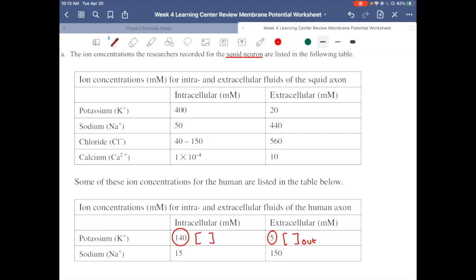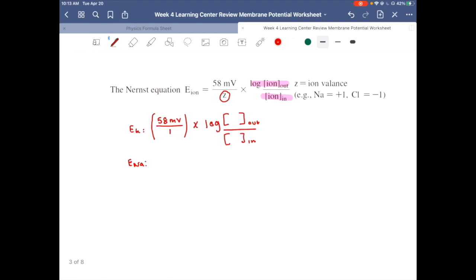So we're just going to plug that into the equation we had. So it would be 5/40. And if we calculate all this out, it would be -84 millivolts. And what this tells us is that at -84 millivolts, potassium is at its equilibrium potential. So the equilibrium potential for potassium is -84, and that's the point where potassium is at equilibrium.